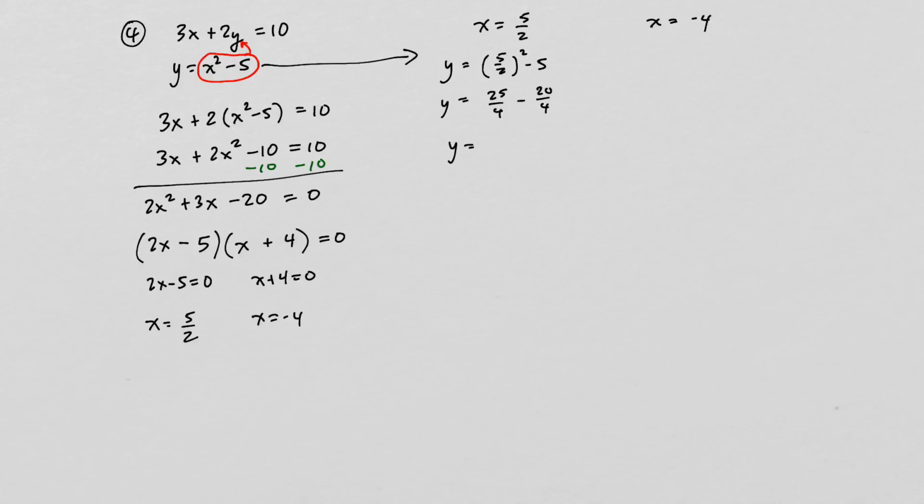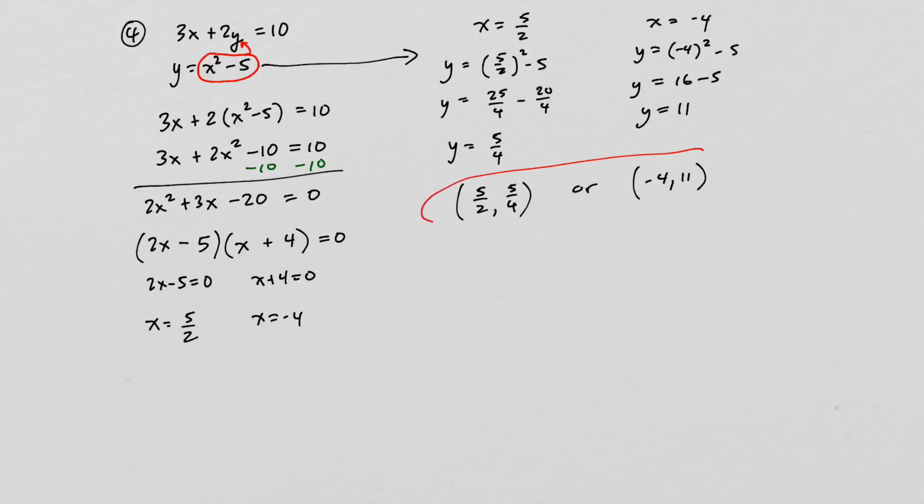If we do the math there, we get 5 over 4. So the point of intersection there is 5 halves, 5 fourths. And when x equals negative 4, y should be negative 4 squared minus 5, which is 16 minus 5, which is 11. That gives us the point negative 4, positive 11.